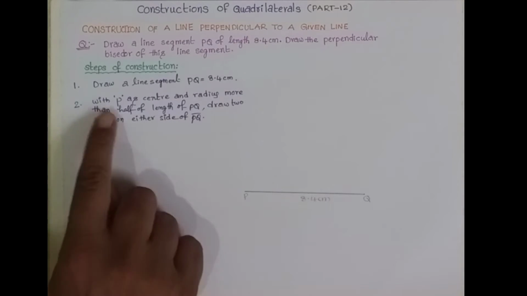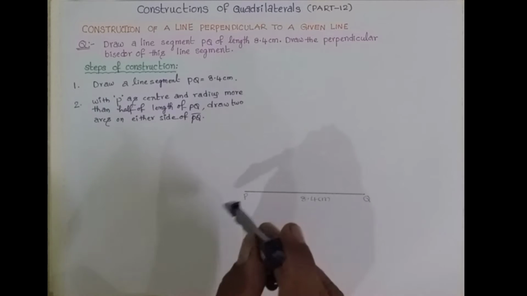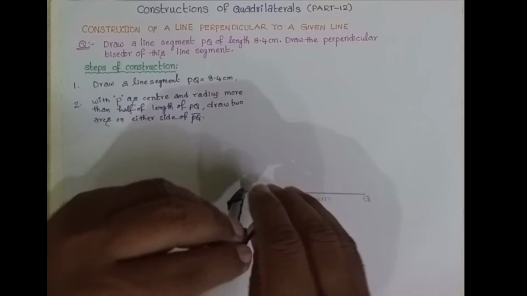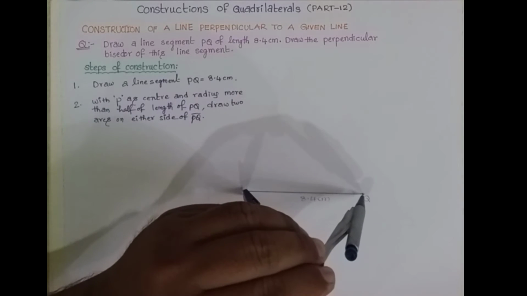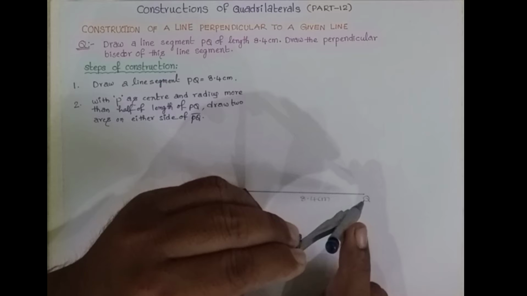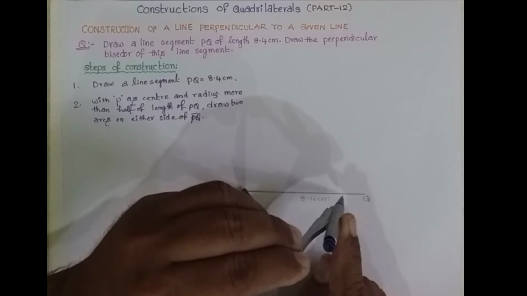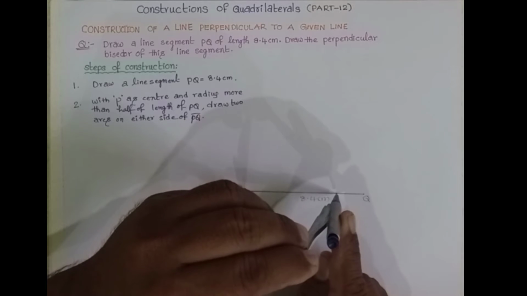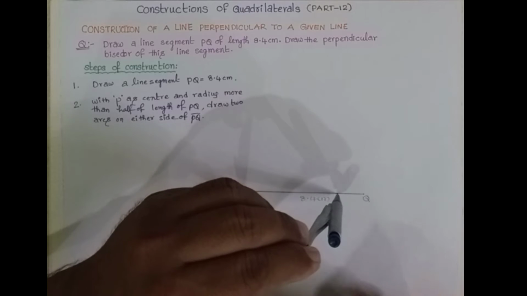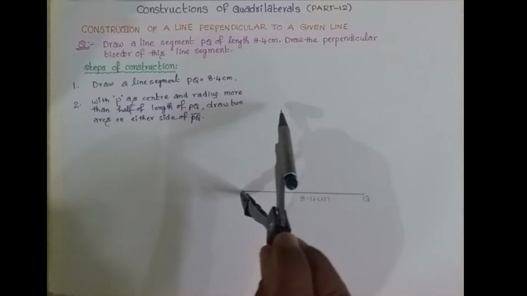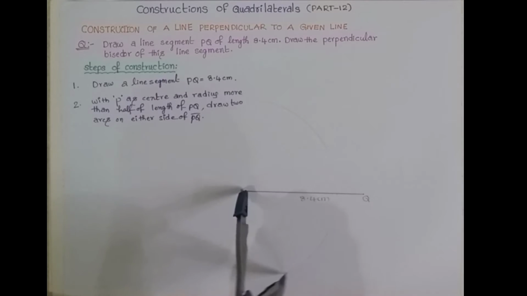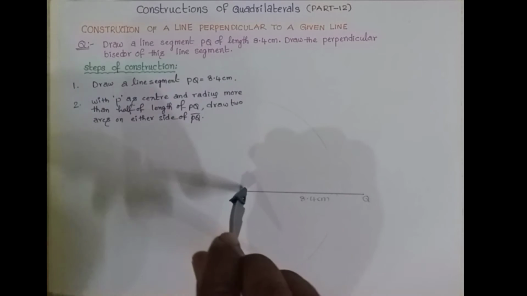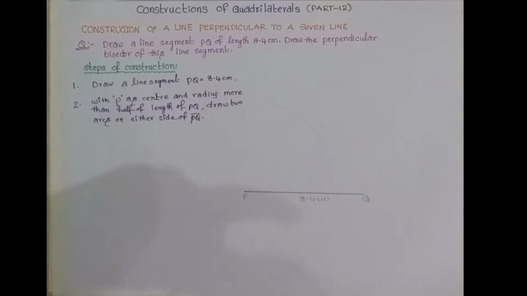Taking P as center, measure the length of PQ and take more than half of the length of PQ as radius. Draw two arcs on either side of PQ, that is above the PQ and below the PQ.